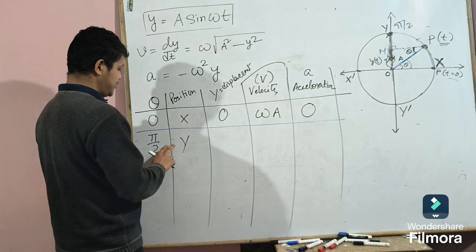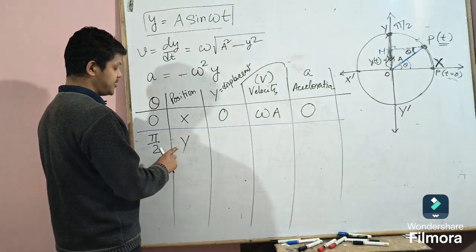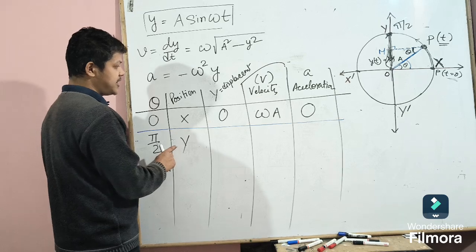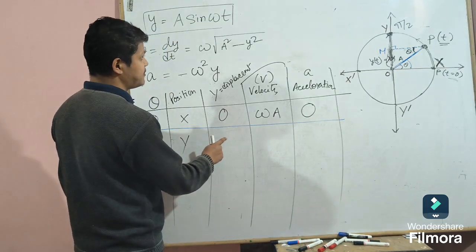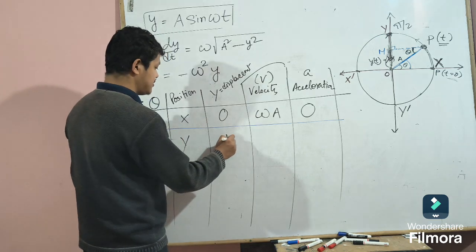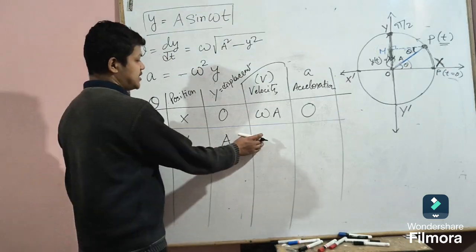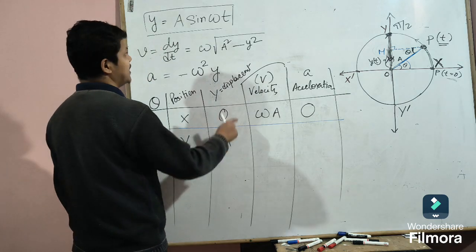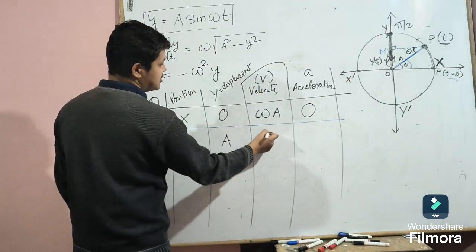And when theta is equal to pi by 2, the position is at y, and the displacement will be equal to its radius and the velocity, when y is equal to a, a square minus a square is going to be 0, right?